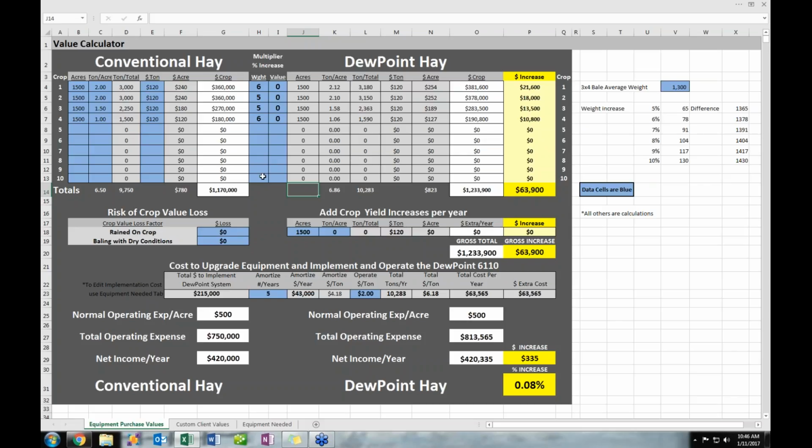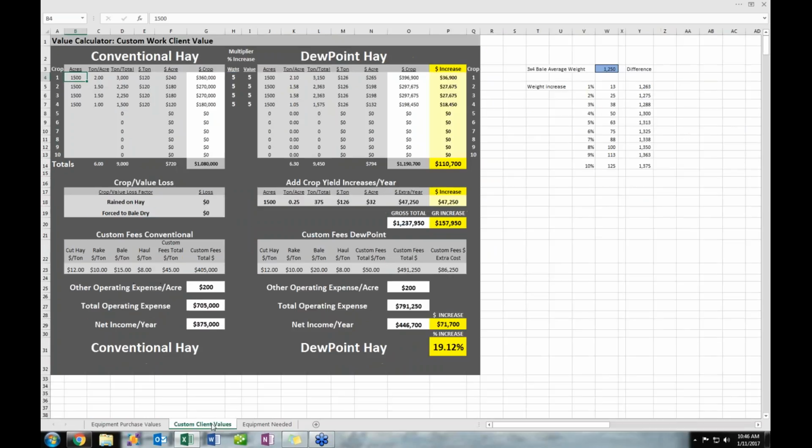For those of you who have custom operations, who do a lot of custom work and do contract baling, there is a spreadsheet for that. It has been modified to help show the actual owner who you're baling hay for what his bottom line increase is going to be after you charge him your extra fees for baling with steam.